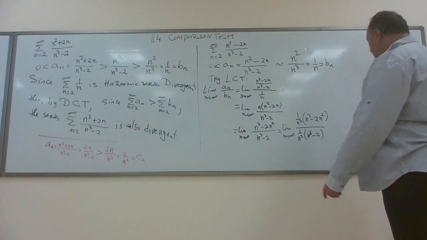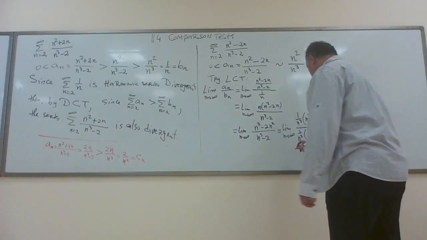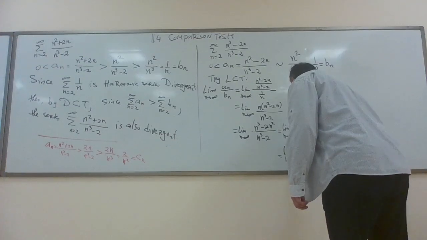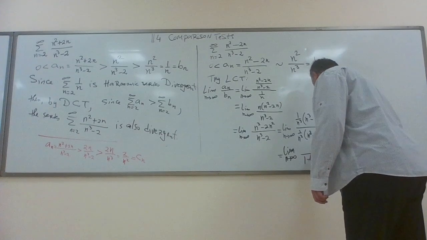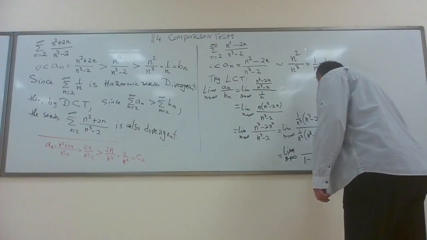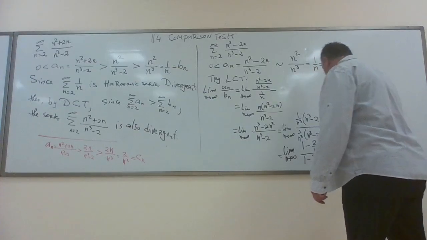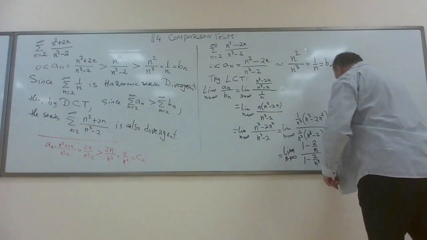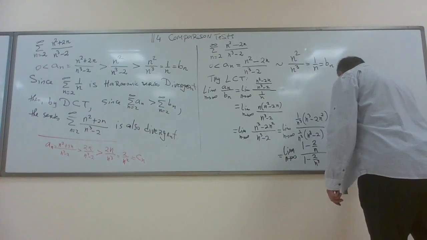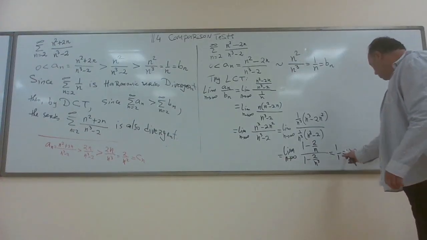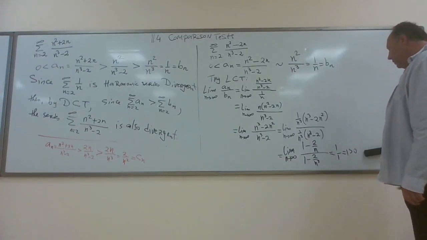Fine. So now here, what would happen? I have 1 minus 2 over n cubed downstairs, and upstairs I have 1 minus 2 over n squared. Now the limit of this, limit of upstairs is 1, limit of downstairs is 1, so 1 over 1 is 1. So this is a fixed number, positive, greater than 0, cool.